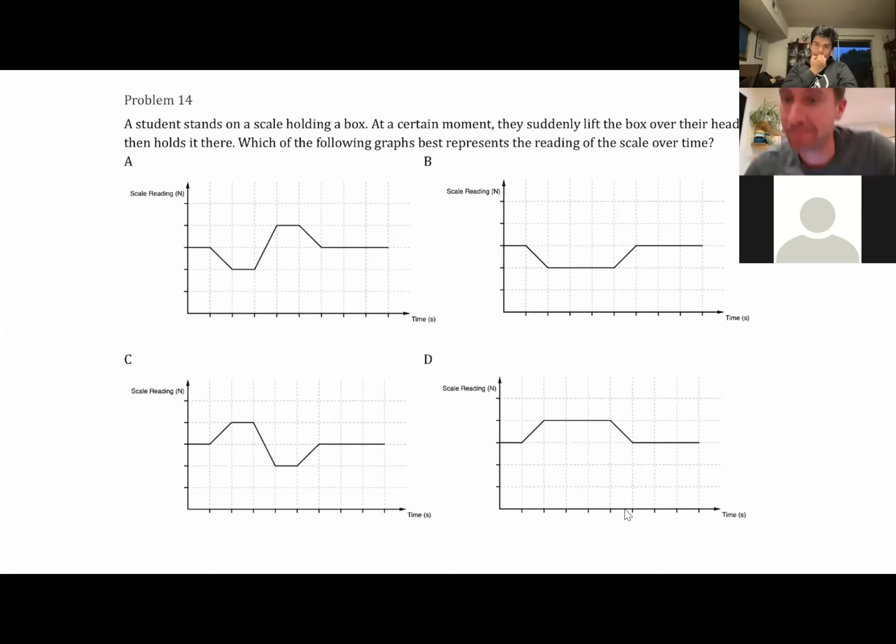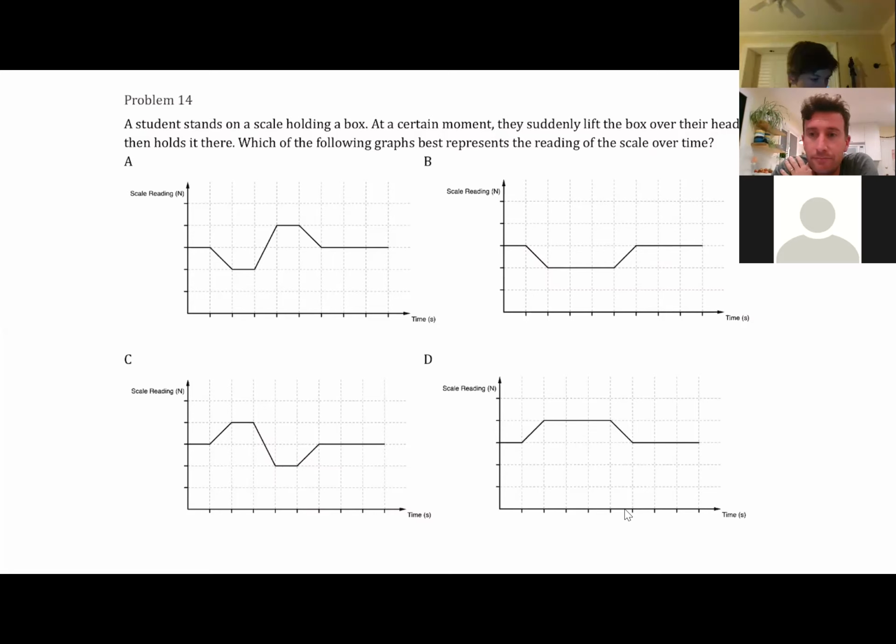So if it helps you, stand up, pretend that you're holding a box, lift it, and see how the pressure feels on your feet. It's a slight change, but you can kind of get the feel. In terms of push on your feet, which answer feels more correct?